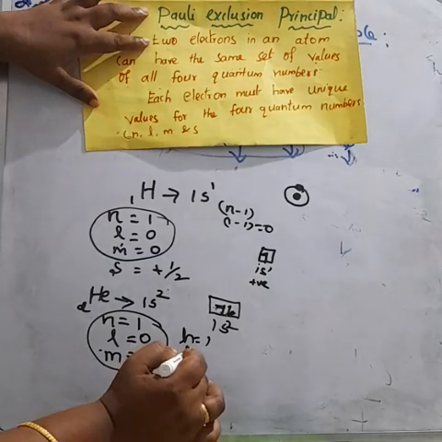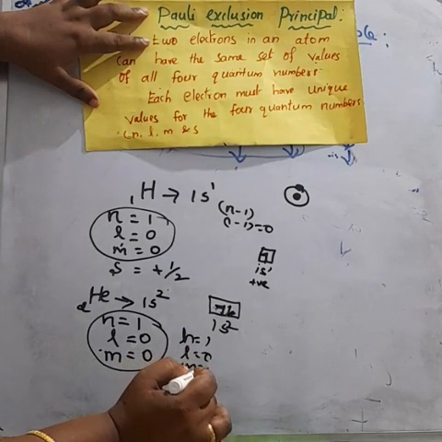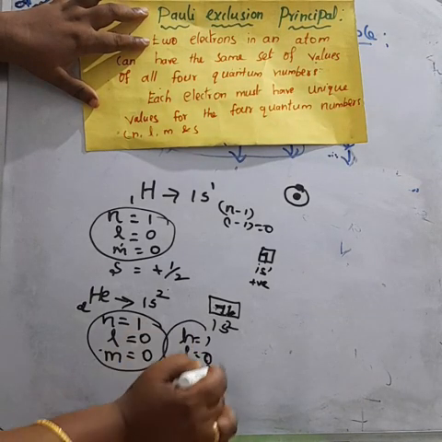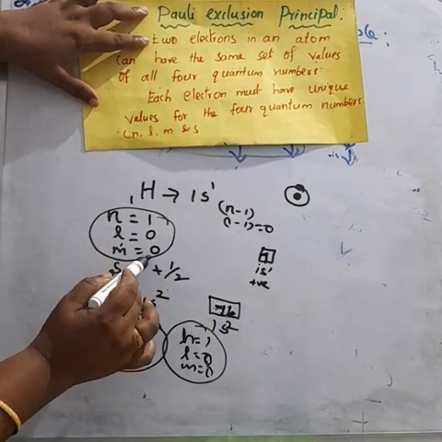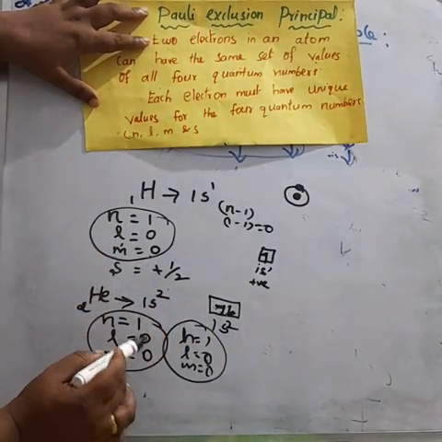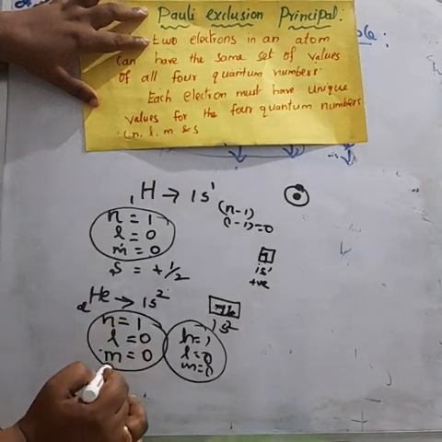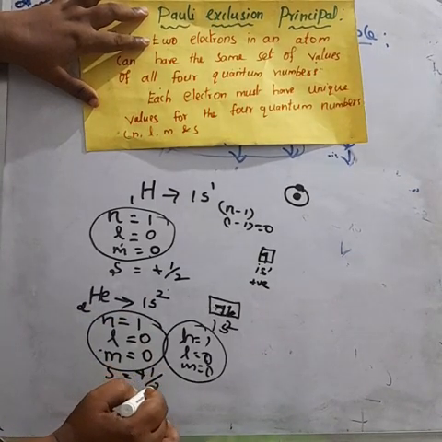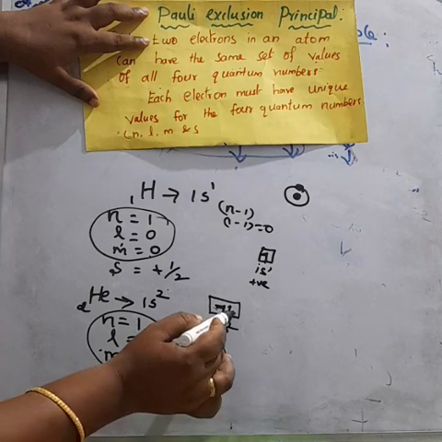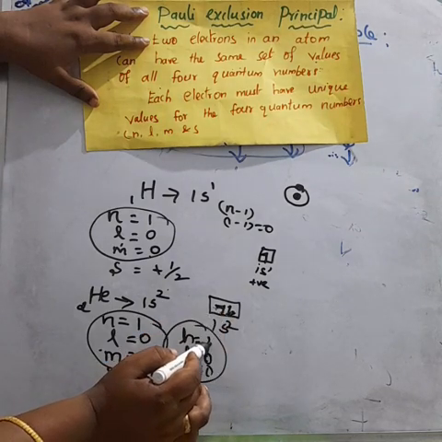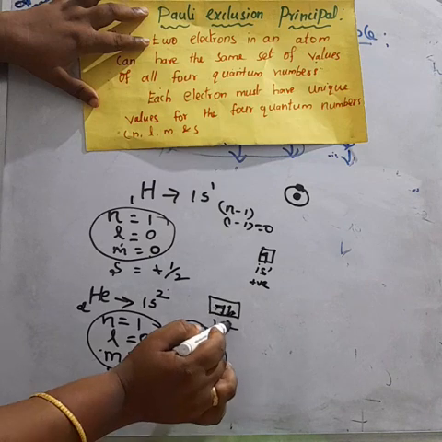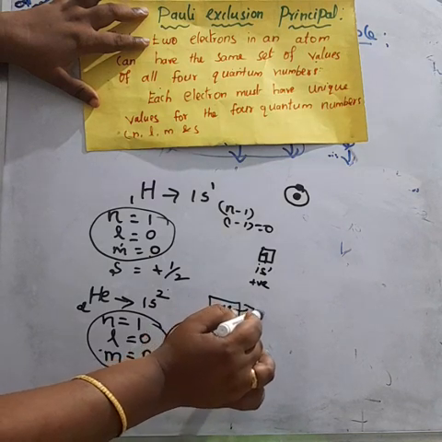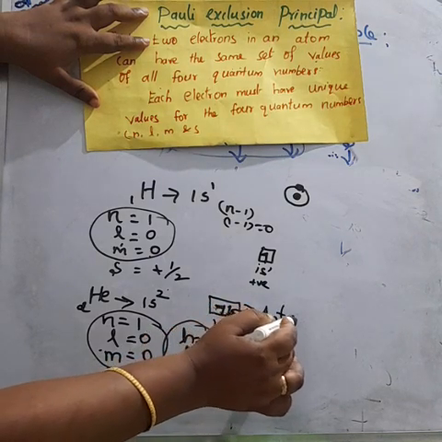Here, for the first electron, n is equal to 1, l is equal to 0, m is equal to 0 and s is equal to plus half. And the second electron also has n is equal to 1, l is equal to 0, m is equal to 0 and s value is anti-clockwise in direction, s value minus half.